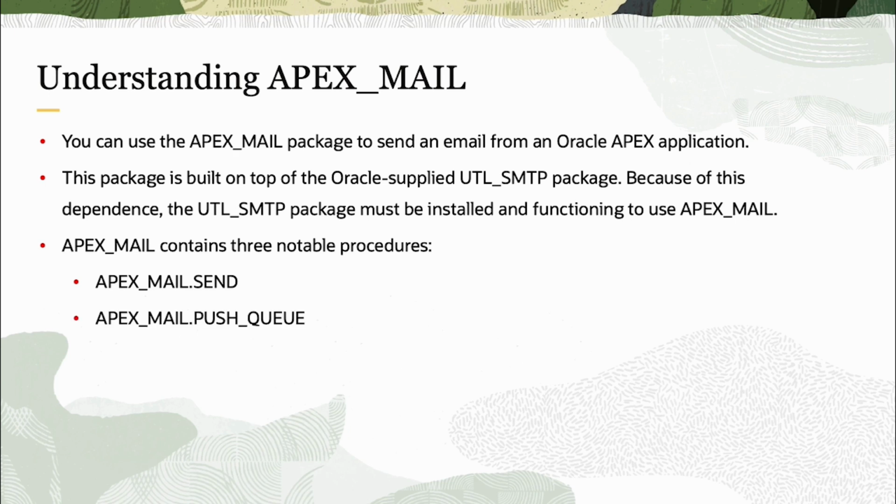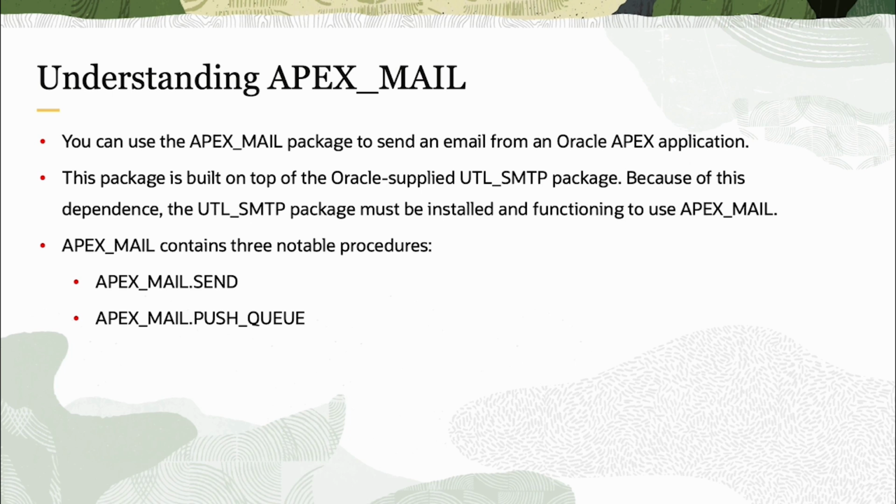Apex_mail.push_queue. This is a procedure using which you can deliver the messages stored in the apex_mail_queue view manually. So instead of waiting for the database job to deliver these messages, you can use this push_queue procedure to deliver all the messages waiting in the queue manually.